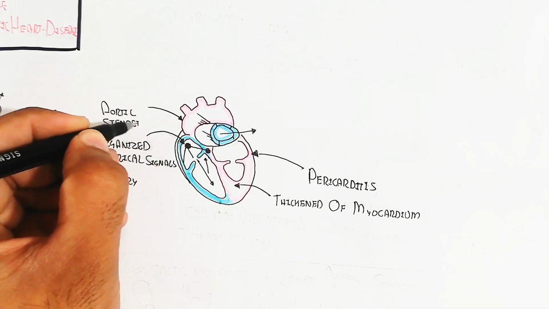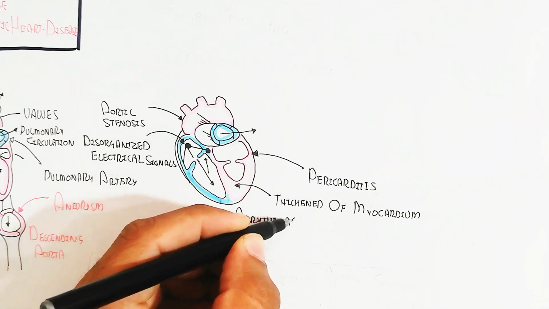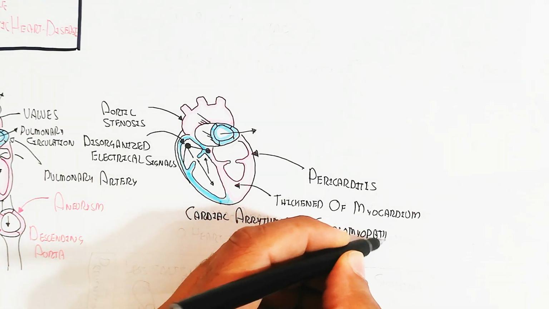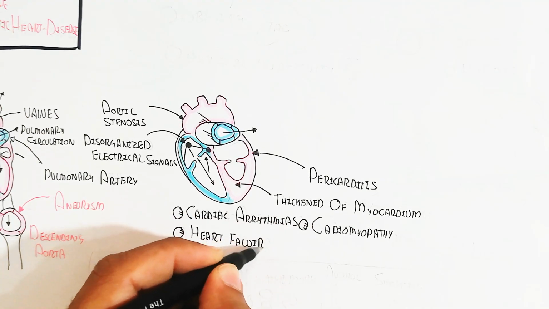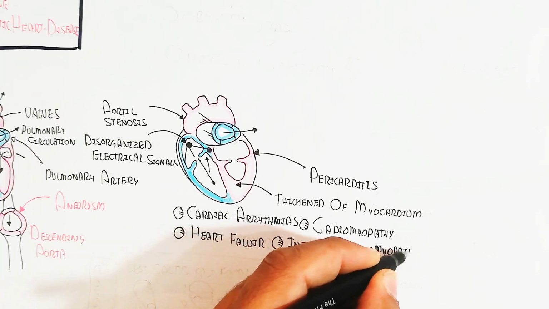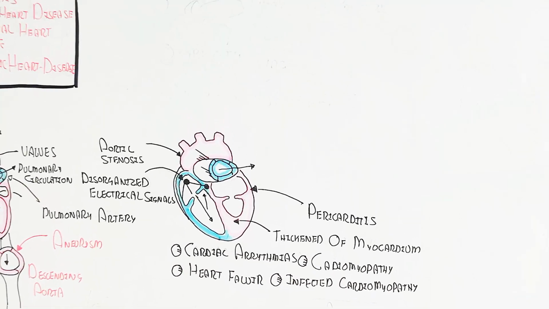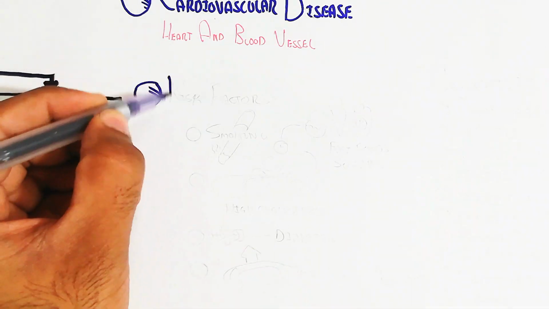In this way the left atrium and ventricle become thicker, will not completely eject blood, and the output will decrease. Cardiac arrhythmia, cardiomyopathy and heart failure, as well as infected cardiomyopathy, are possible.